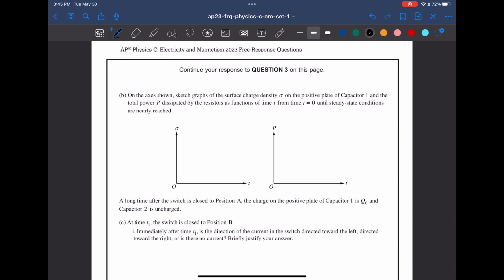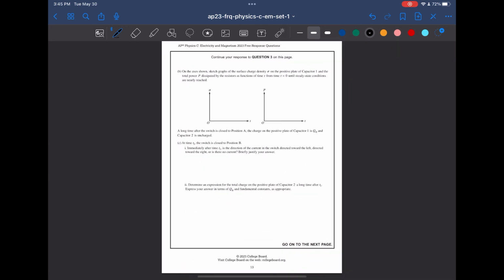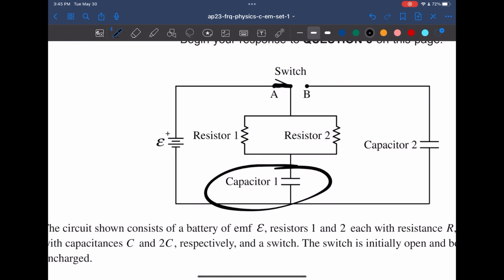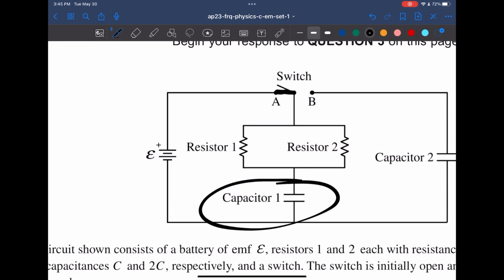So to visualize this, we are going to use the diagram from question 3 to figure out what is happening. This is the diagram, and we know that the charge is going to be going around, and it'll be coming up onto this plate. It'll be coming onto the capacitor. Now, pretend we are dealing with water. The capacitor would act like a water tank.